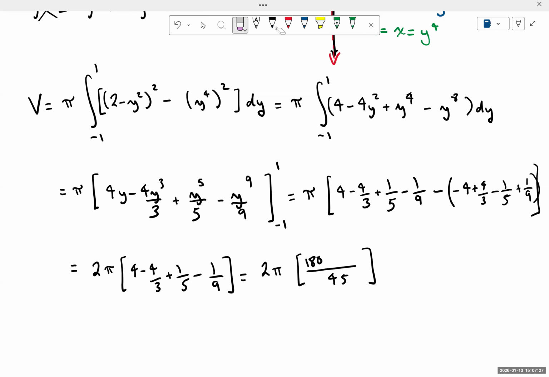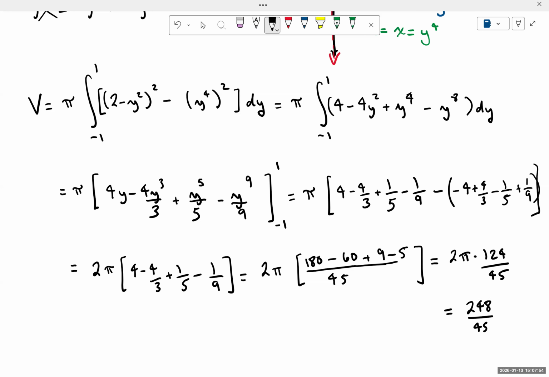And then this would be 60, this would be 9, and then this would be minus 5. So eventually I get 2 pi times 124 over 45. So my final answer is 248 over 45 pi. Not a beautiful answer, but not terrible.